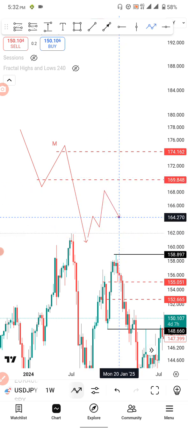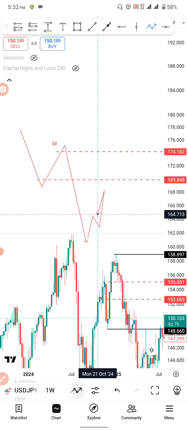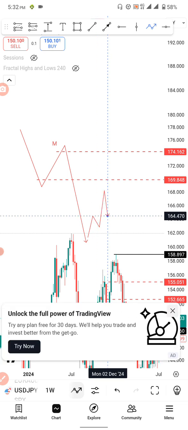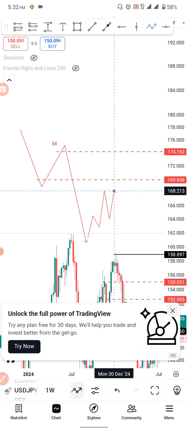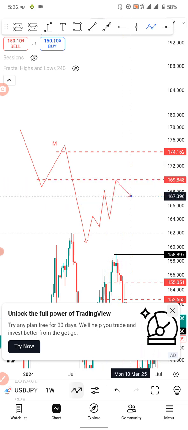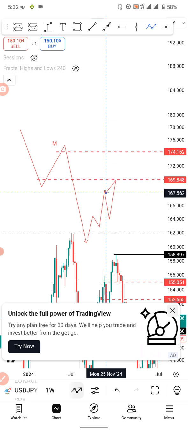So here we have to look for this weekly break of structure that we can use to buy to come back in these areas, and in these areas we shall see how to sell in the coming videos.